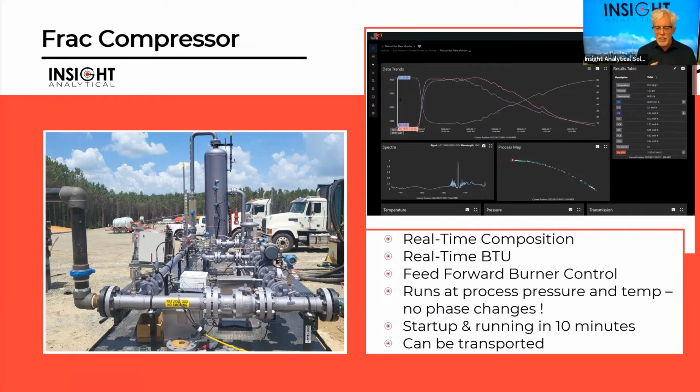This allows us to put feed-forward control to the burner, lets us adjust air-to-fuel ratios. We're running at process pressures and temperatures, so we don't have any phase changes. We don't have any places that liquids are going to drop out when we take a pressure drop. We can get these things started up quickly after arrival on site, and it's mechanically robust and transportable.